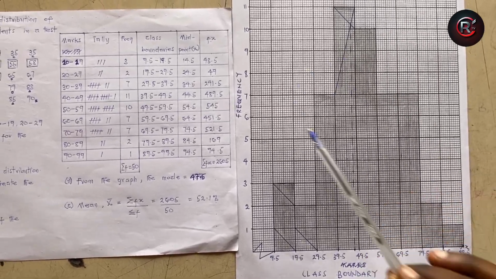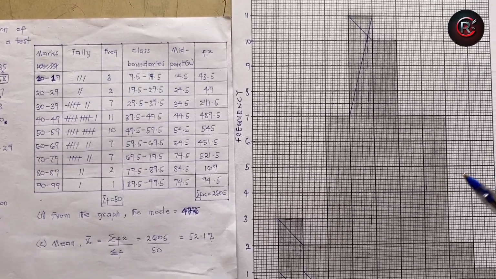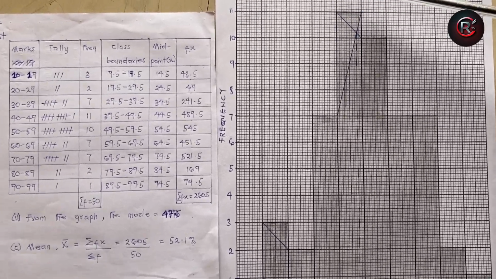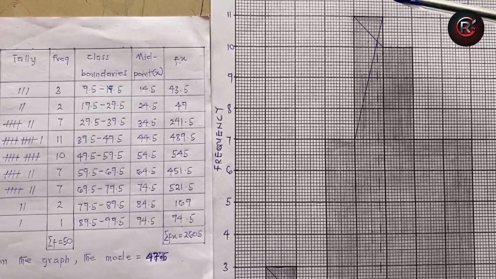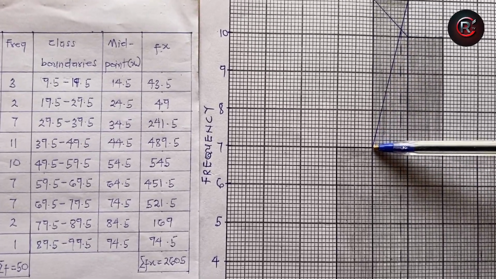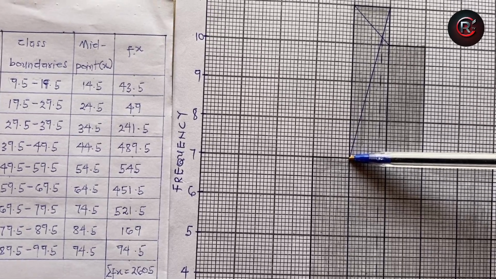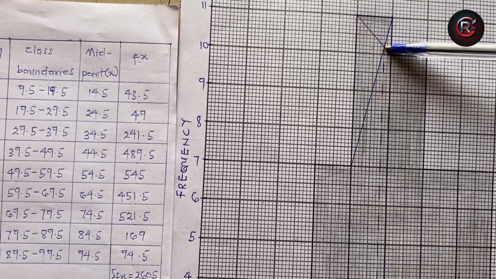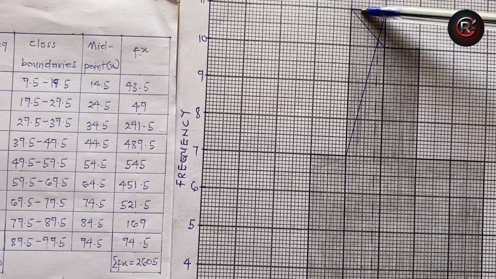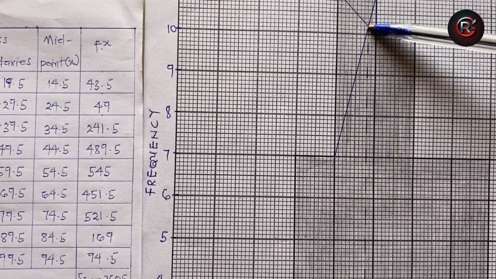Now let's see how we can use this histogram to calculate the modal mark. How do we do it? We trace our tallest bar among all the bars. Then you construct a line with your pencil to meet the next bar close to the tallest bar. Here too, you do the same thing. The point of intersection, all right?